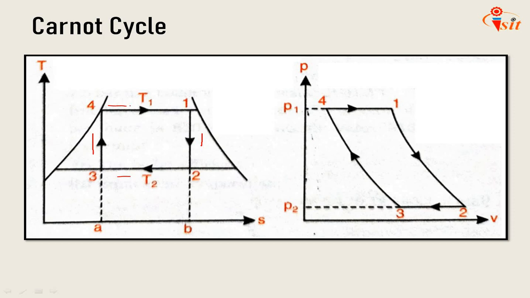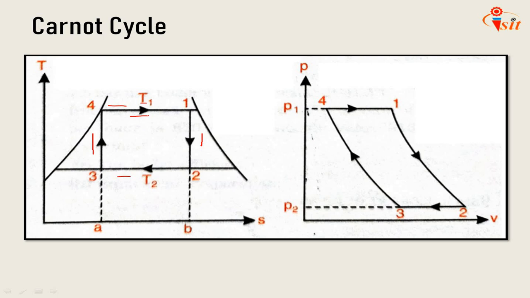Here the operation 4 to 1 is nothing but 1 kg of boiling water at temperature T1 is heated to form wet steam of dryness fraction X1. Thus heat is absorbed at constant temperature T1 and pressure P1 during this operation.